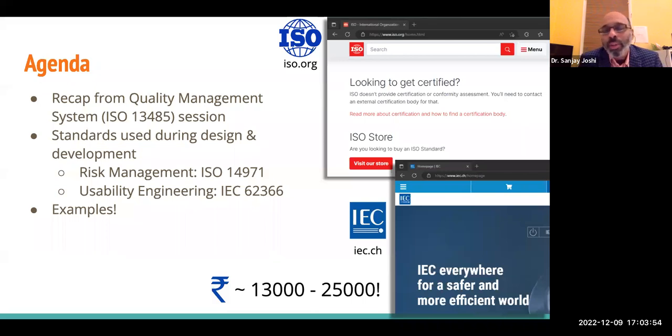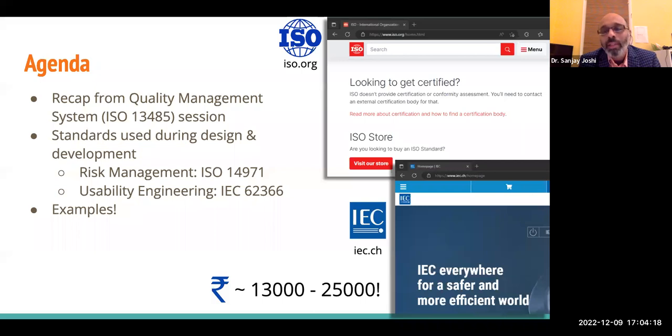So when we talk about standards, there are 2 main bodies where the standards get published and used a lot. One of them is ISO, at iso.org. The other one is IEC, at iec.ch, based in Switzerland. Both these organizations publish standards, and they have their online store where you can buy them.